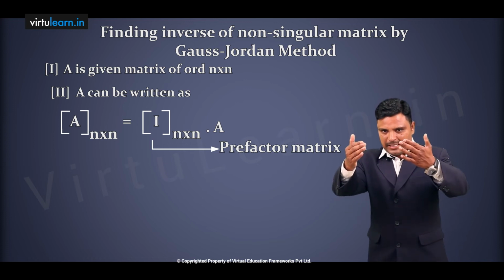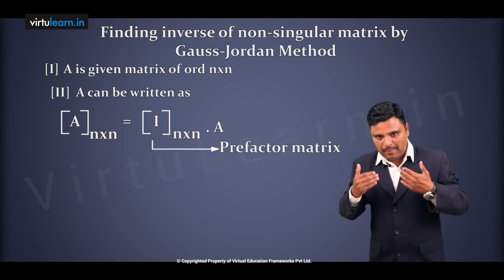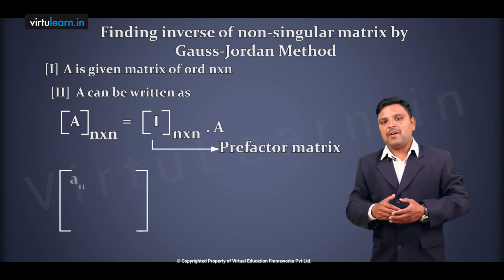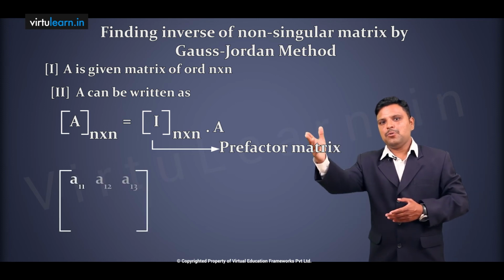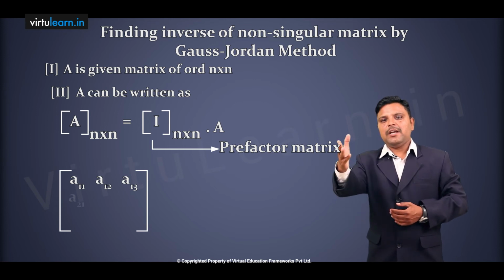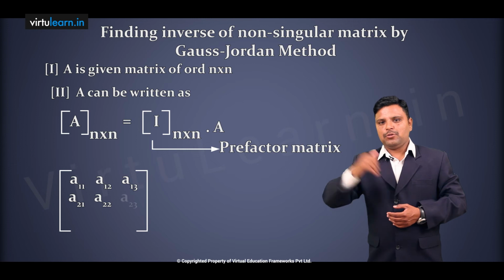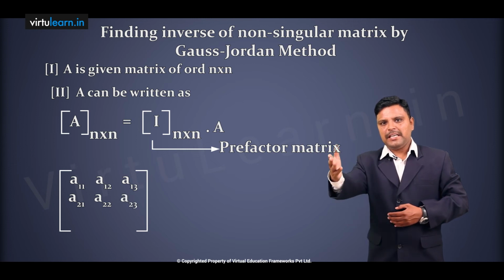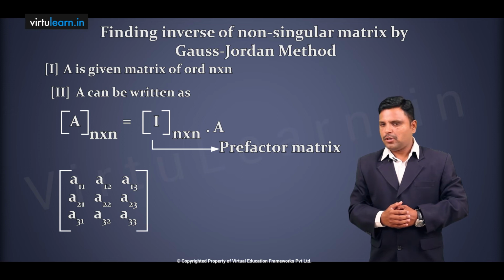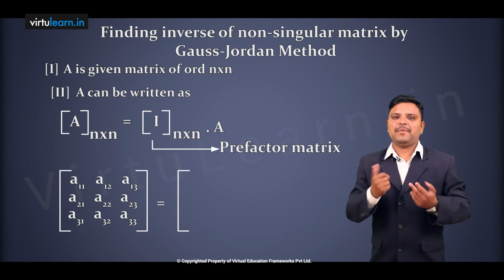Now, that expression, once again I am writing in the form of matrix. A can be written as, I have taken a 3 by 3 matrix: first row A11, A12, A13; next row A21, A22, A23; third row A31, A32, A33, equals the identity matrix of order 3 by 3.